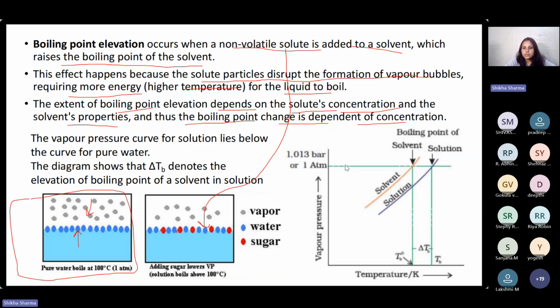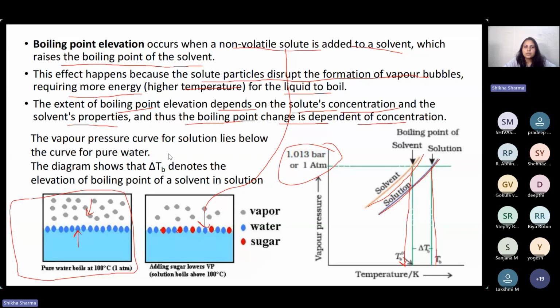So we can see in this graph that for this solvent, which is pure, its temperature of boiling is somewhere here. But when we make its solution, at a particular pressure, we check this. After making the solution, its boiling point elevates, the temperature elevates.